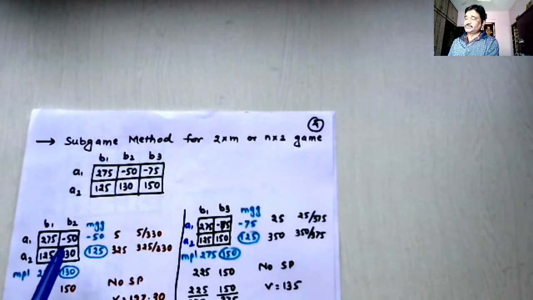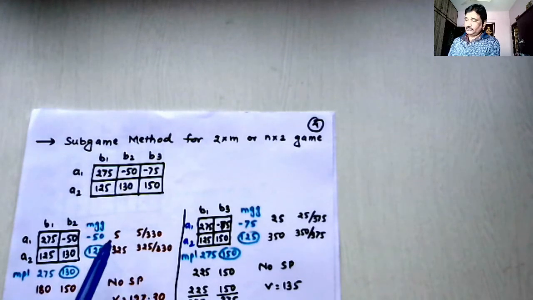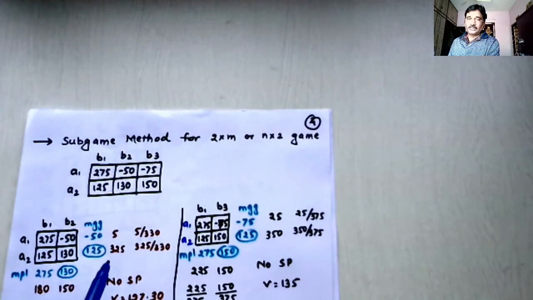The difference comes out to be 325. 275 minus 50, 325. So immediately you get both the oddments. We are calling them oddments because they are written at odd place. Like normally this difference I will be writing just below it, but I am not doing that.